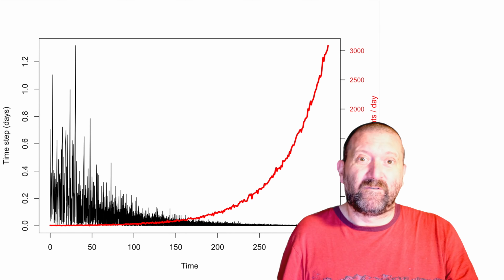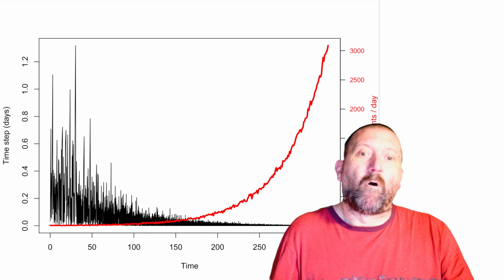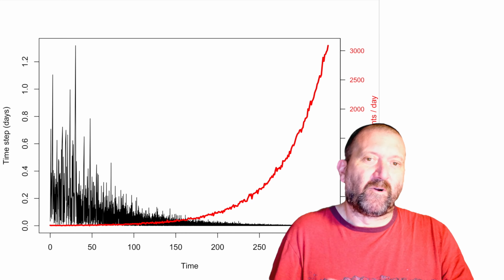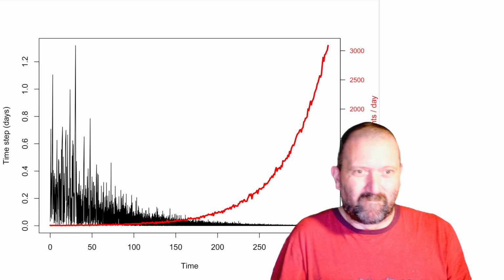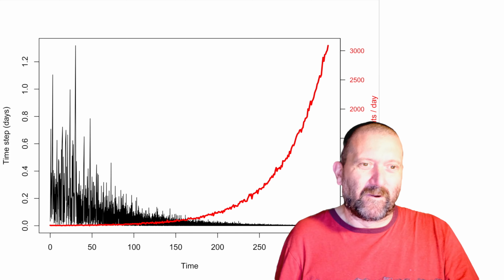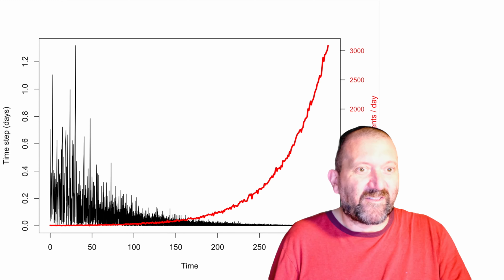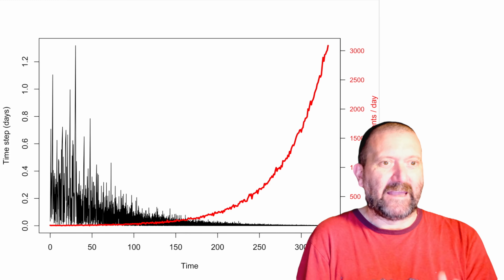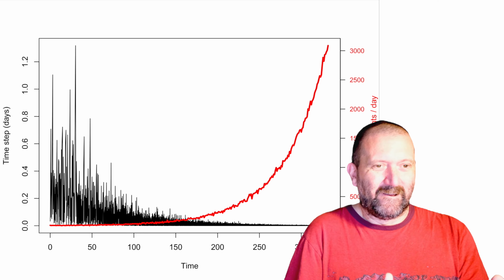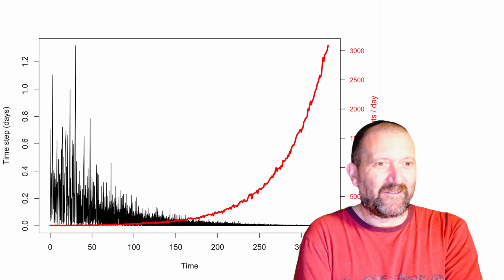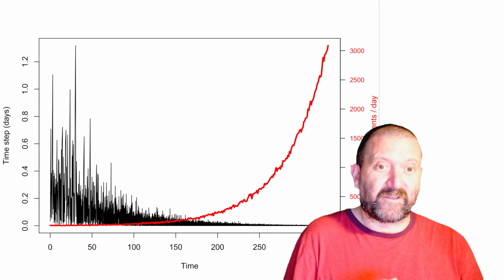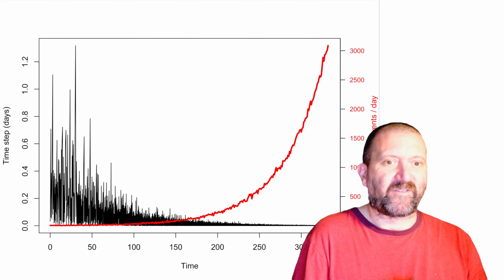So things happen once a day, on average a bit lower than this, but there's still sort of large variations in the jump size. Now, as time progresses and the population n becomes large, so that the sum of the event rates becomes large as well, you can see that the time steps decrease.